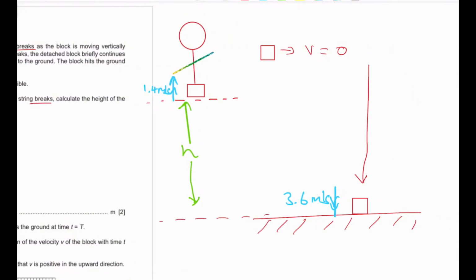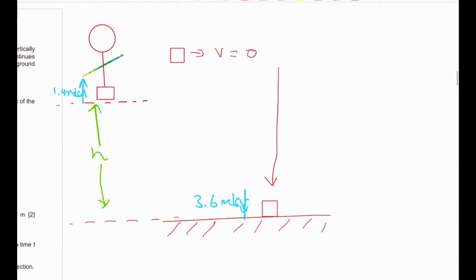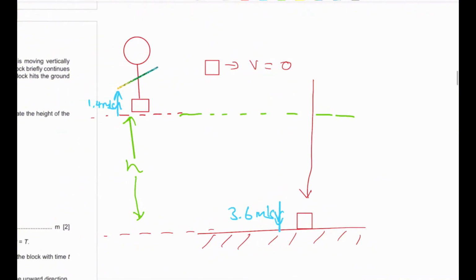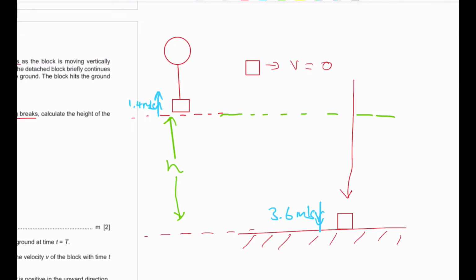So how do you find this height? Well, the easiest way to understand it is to assume that this block starts at 1.4 meters per second. It's going to continue moving upwards until it reaches 0. So it's going to move a certain height from this level up until that other level.